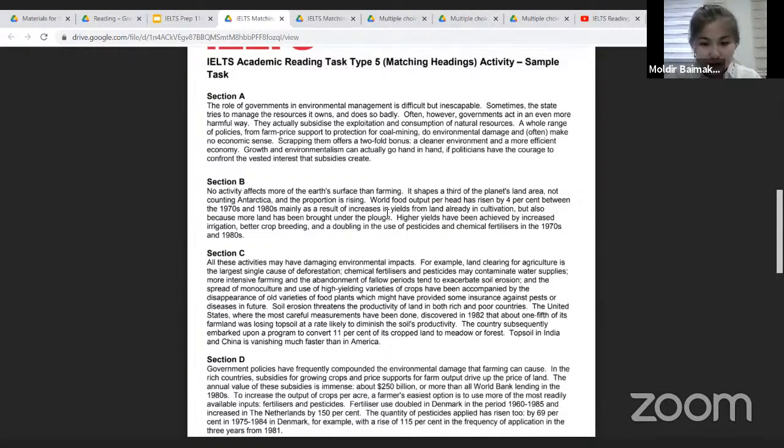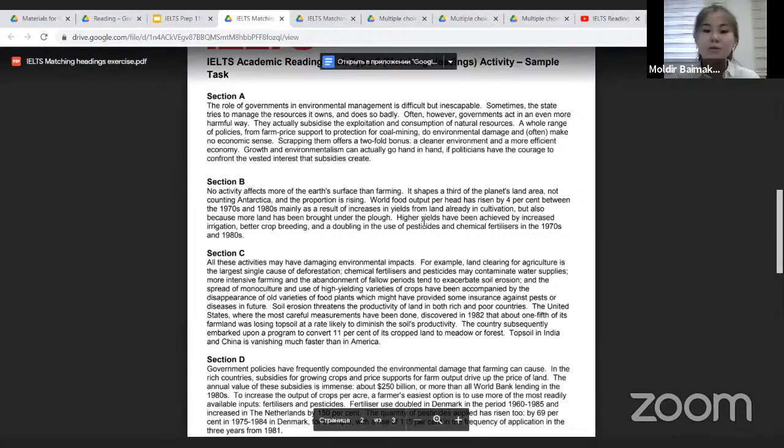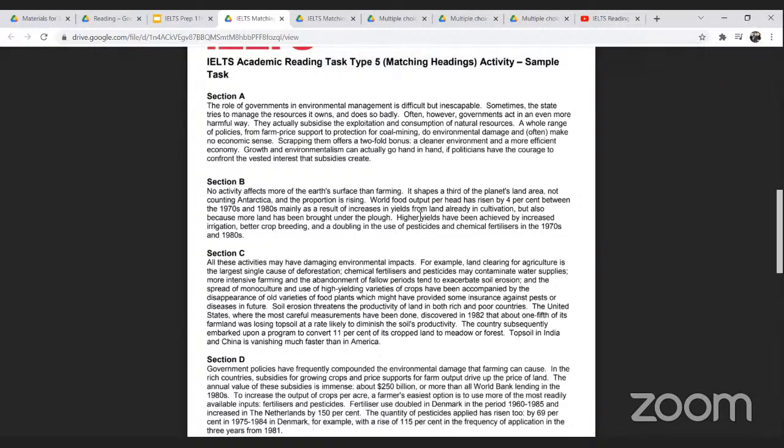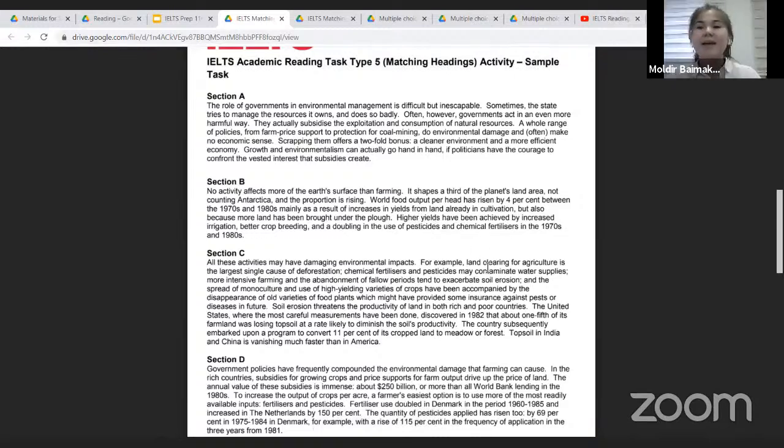But if you look, then increases in yields, higher yields. So this is about food output, right? Yield and output are just synonyms. So this is the opposite of what you thought, even though there is some information about the environment. Mostly the idea is about yield and food output, okay?